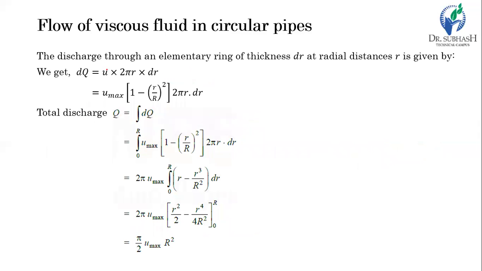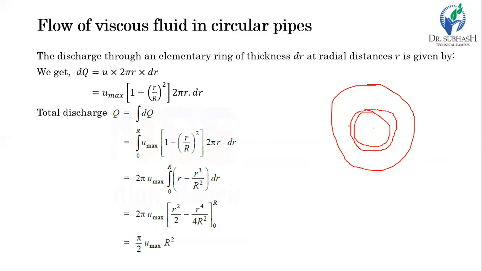For the discharge, let's consider in the circular pipe a very small ring of radius r, and the thickness of this elemental ring is a small dr. From the center, it has a radius equal to small r.